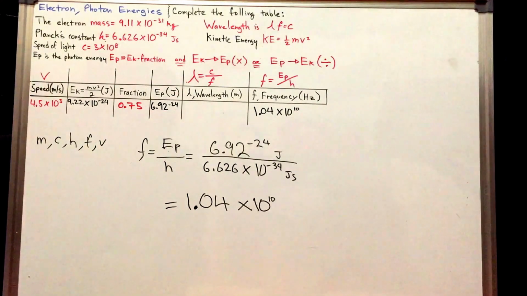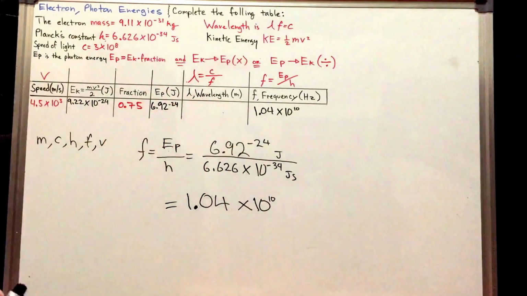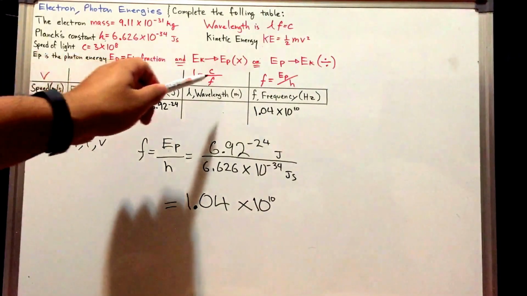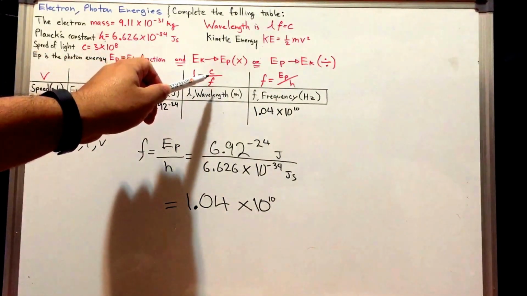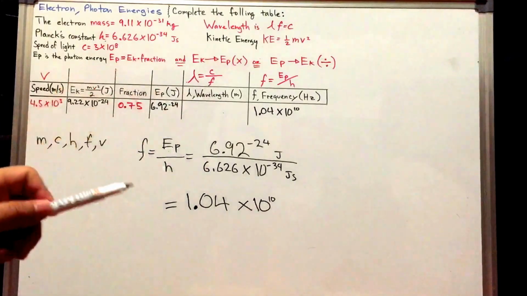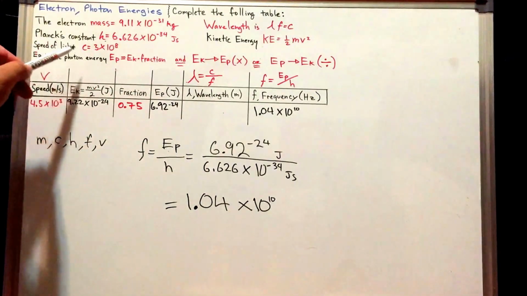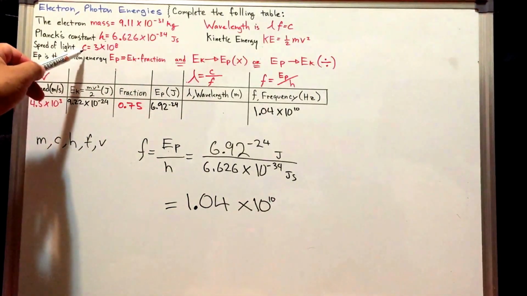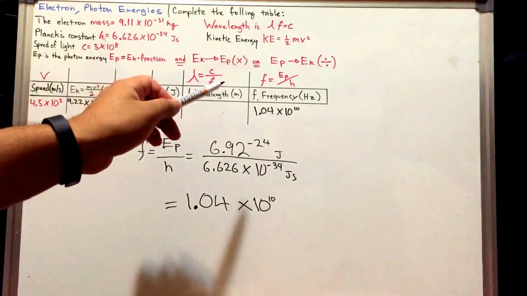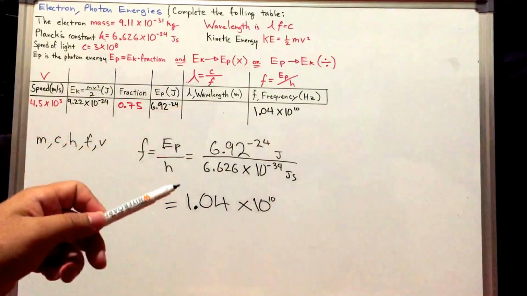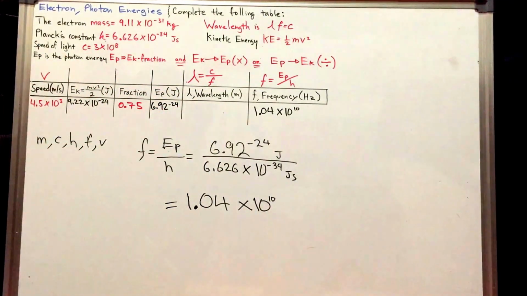Okay. So the last one that we have left to solve is wavelength. And you'll notice for wavelength, we have C divided by frequency. So we have the formula for C, the speed of light, and we have frequency. So we can solve for this now.